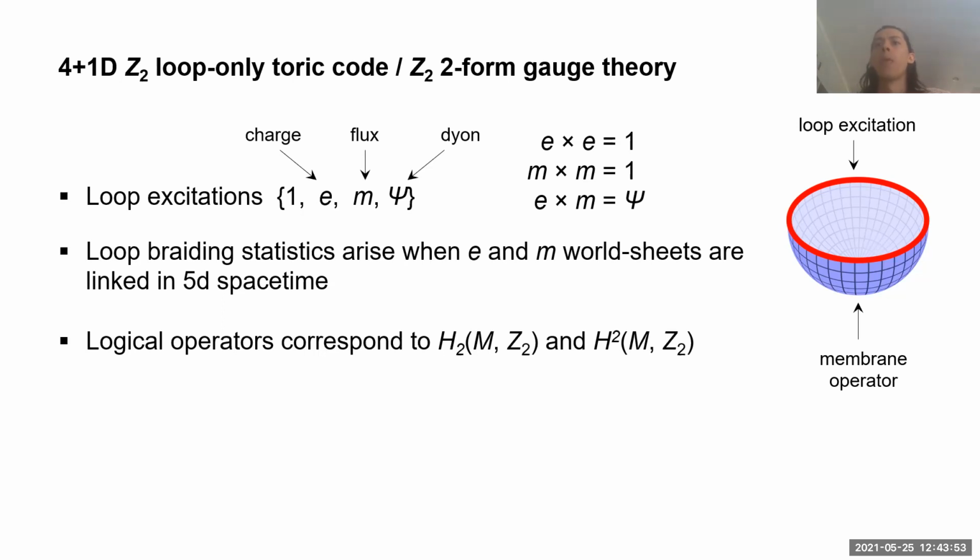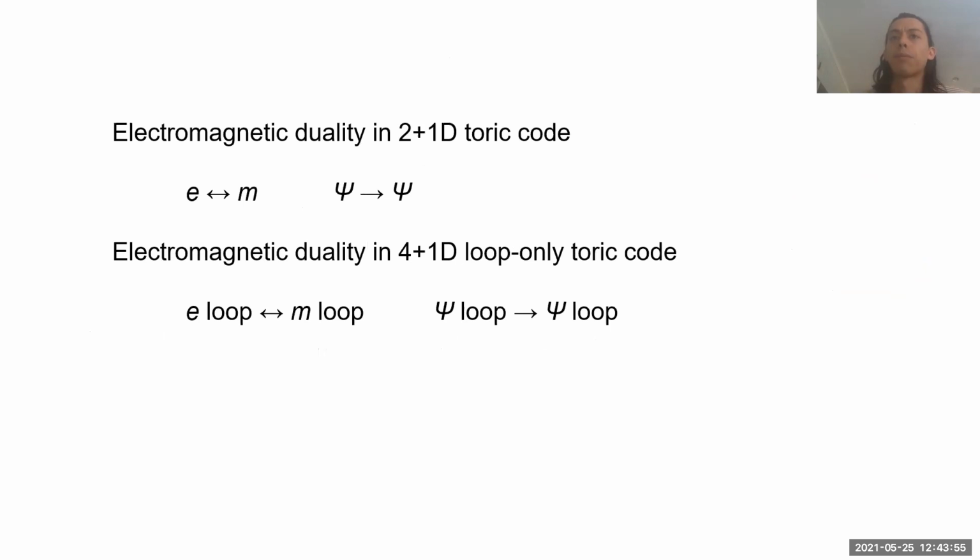Okay, so one feature that is present in both the 2D and 4D loop-only toric codes is this so-called electromagnetic duality, which essentially permutes the E and M excitations and leaves the psi excitation invariant.